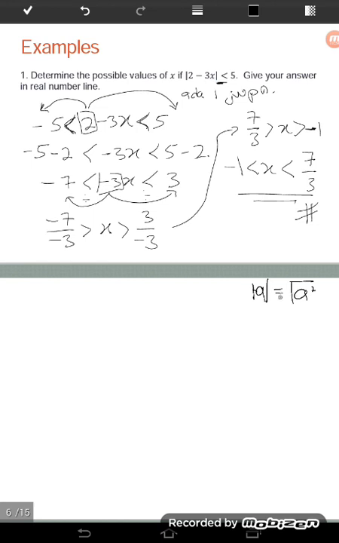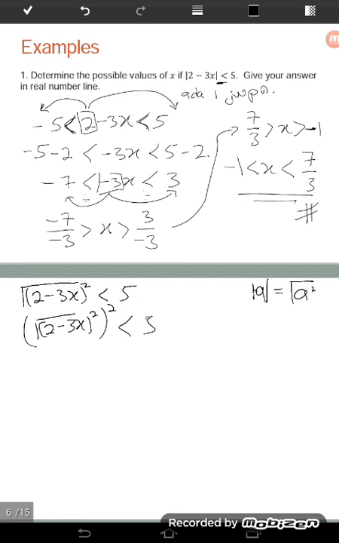Using this definition, you will have square root of (2 minus 3x) square less than 5, and then taking power of 2 on both sides, you will have (2 minus 3x) square equal to 5 square. Square root and square cancel, so you will have (2 minus 3x) square less than 5 square, which is 25.